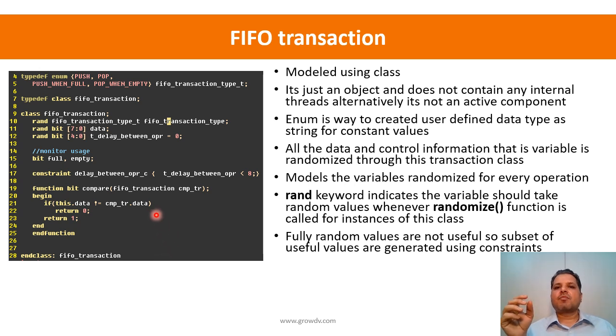Whereas in the SystemVerilog world, there are two things that we are doing differently. The first thing is we are putting all those related variables together in a class construct, and we are prefixing them with a rand keyword, and then we can add constraints, right?